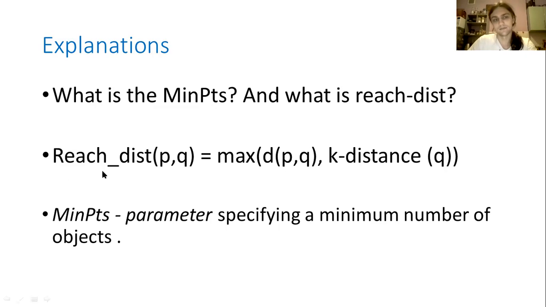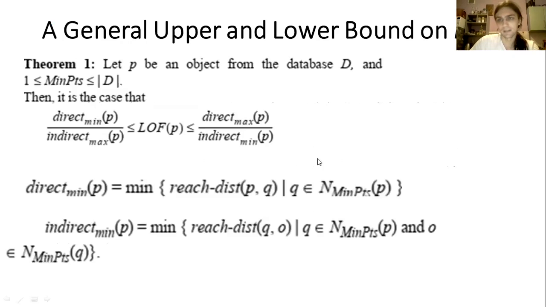Here we have the formula for the reach distance between points P and Q. MinPts and reach distance are needed to get general upper and lower bounds for LOF.